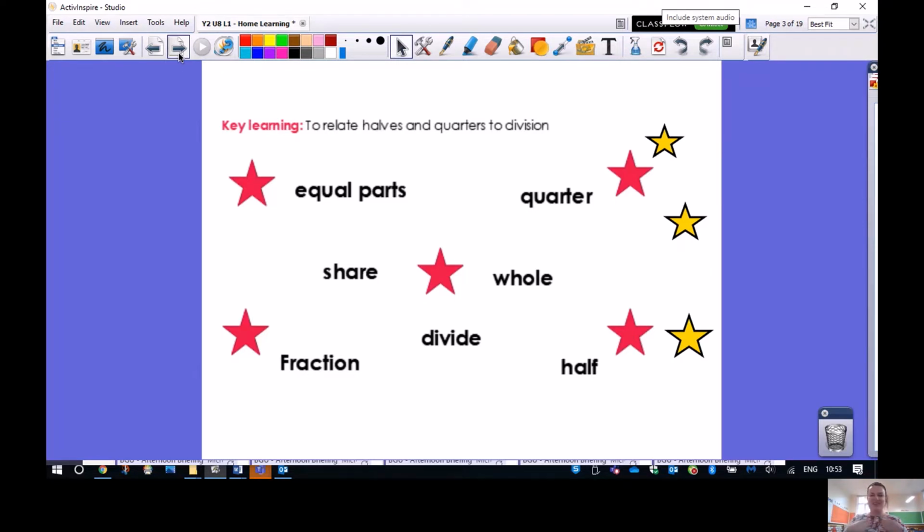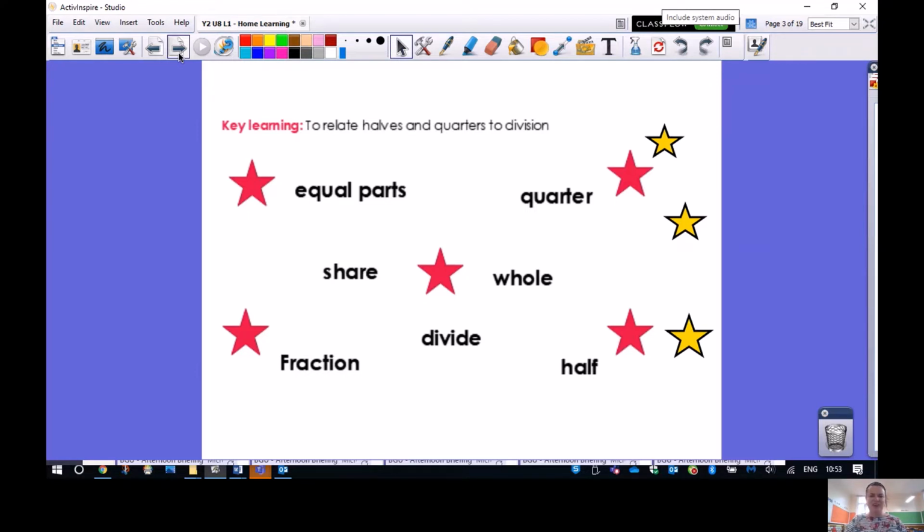Share. Share is when we offer out. Whole. Divide. And divide is when we share.